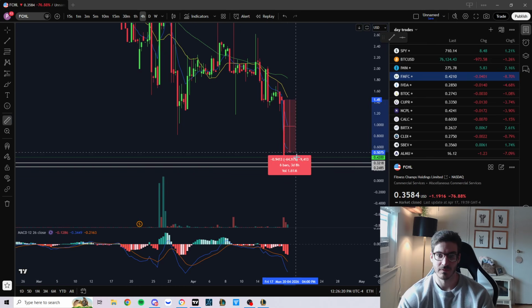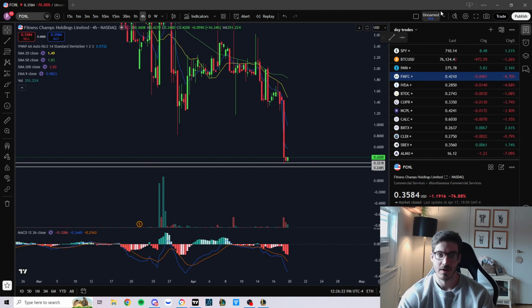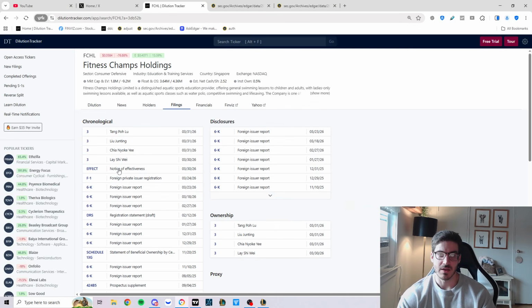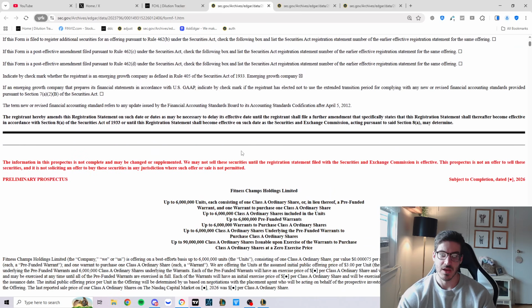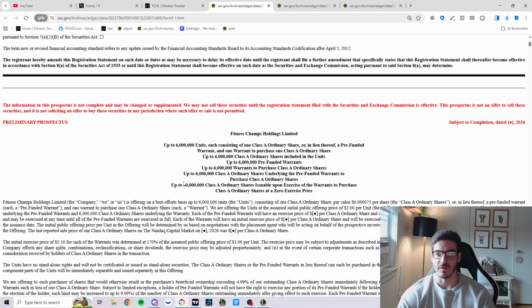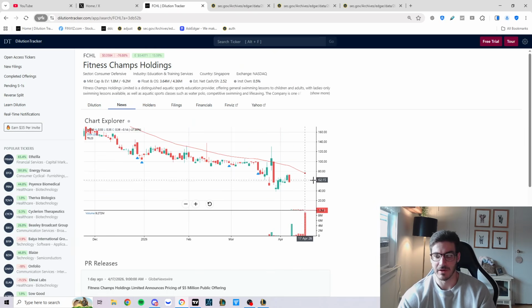It dropped 80%. If you read this a week ago, right? This is why filings are important. You read this, you see, okay, FCHL just did an offering for 90 million cashless warrants. There's no way I would ever be in this, right?